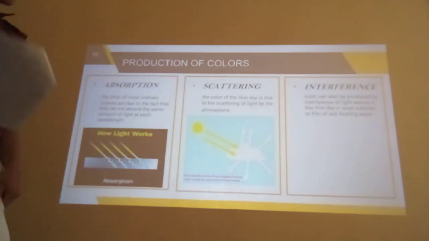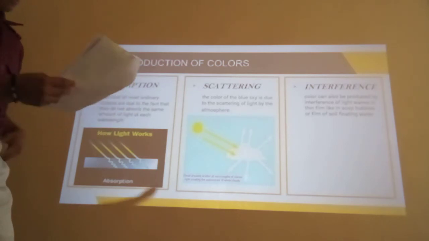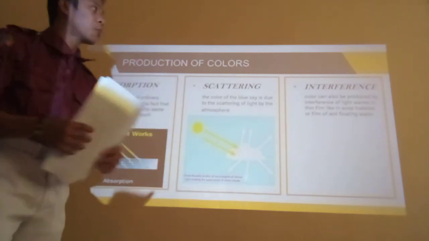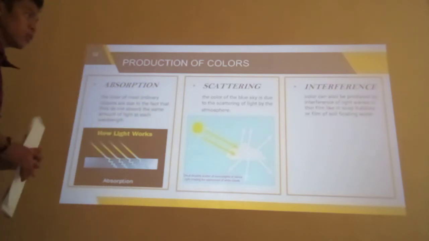Then the next type of production of colors is the interference. What is interference?